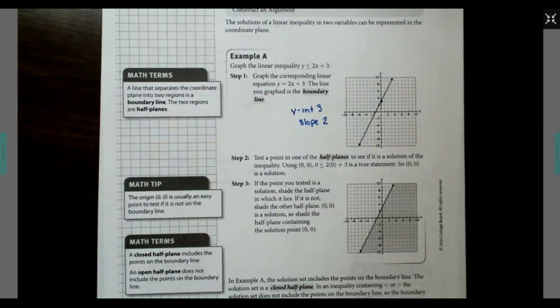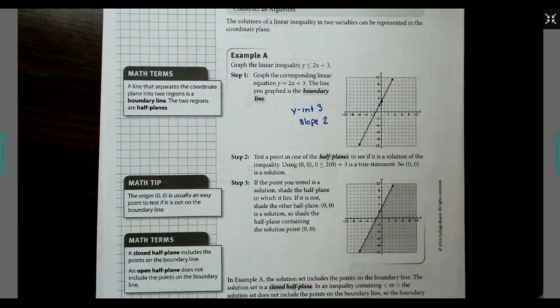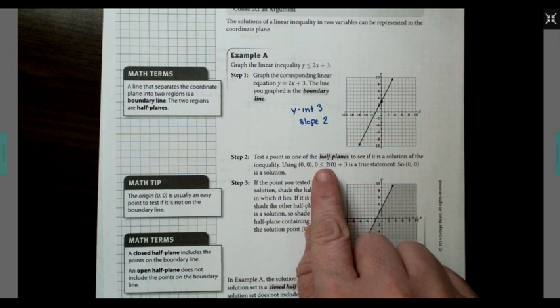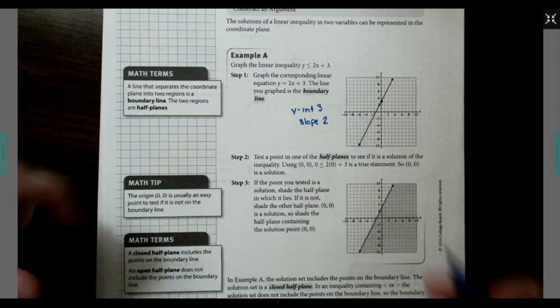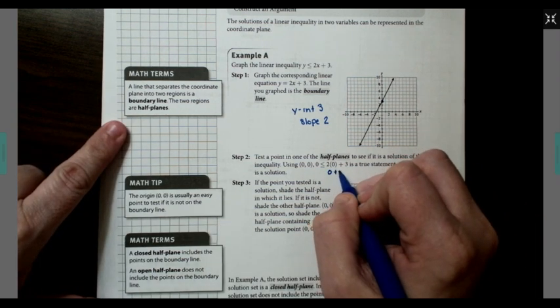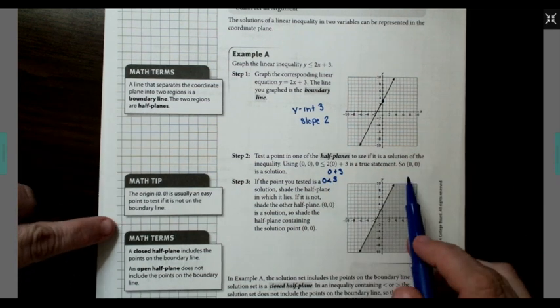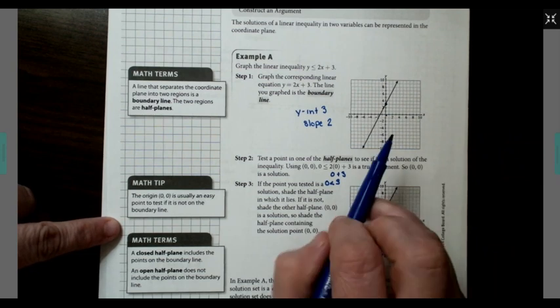It says use a test point in one of the half-planes to see if the solution of the inequality is true. Using (0, 0), because (0, 0) is not on my line, I can see that 0 less than or equal to 2 times 0 plus 3 is a true statement, because 2 times 0 is 0, plus 3 is 3, and 0 is less than 3. So that means that this is in my solution set.